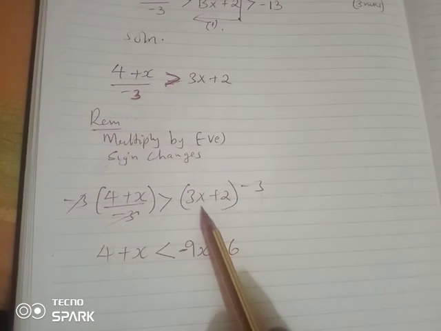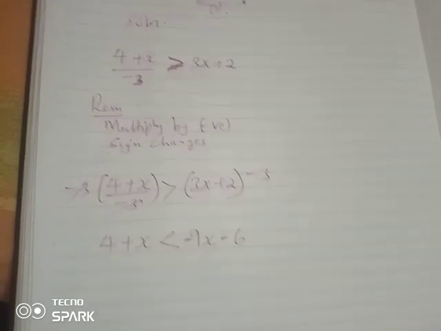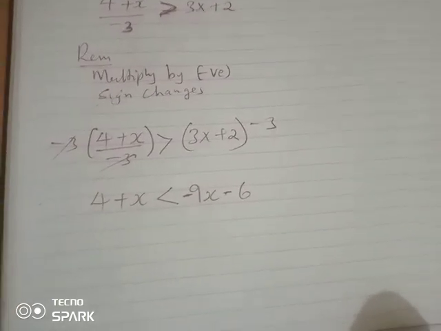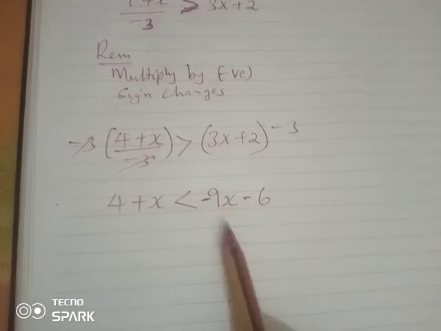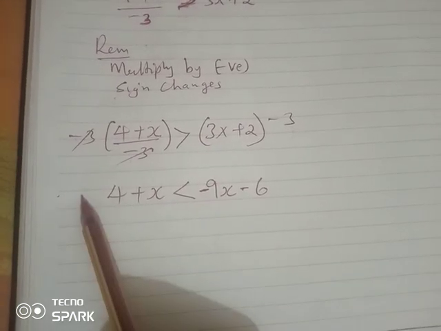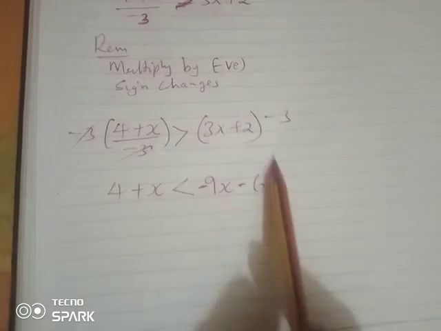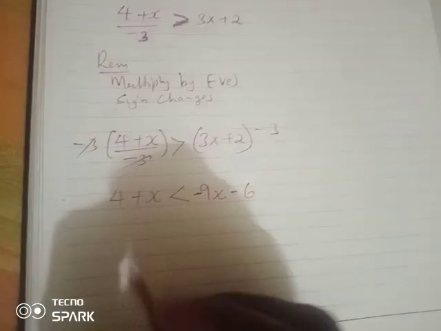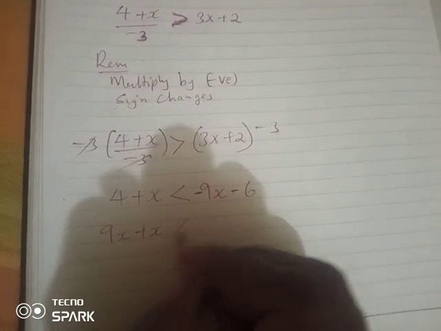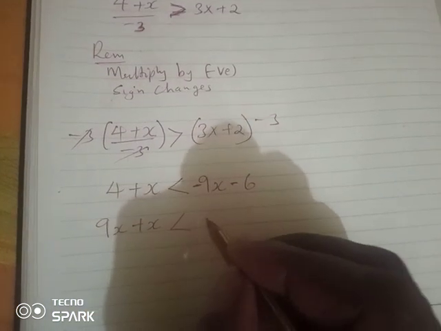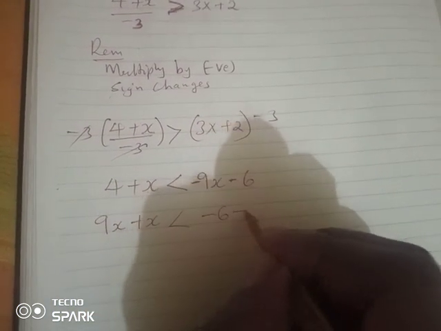Of course, the negative sign will change the sign inside the bracket. Then we collect like terms and simplify. So my negative 9x will cross over as positive 9x, and 4 goes to the other side. So I'll have 9x + x is less than negative 6 minus 4.